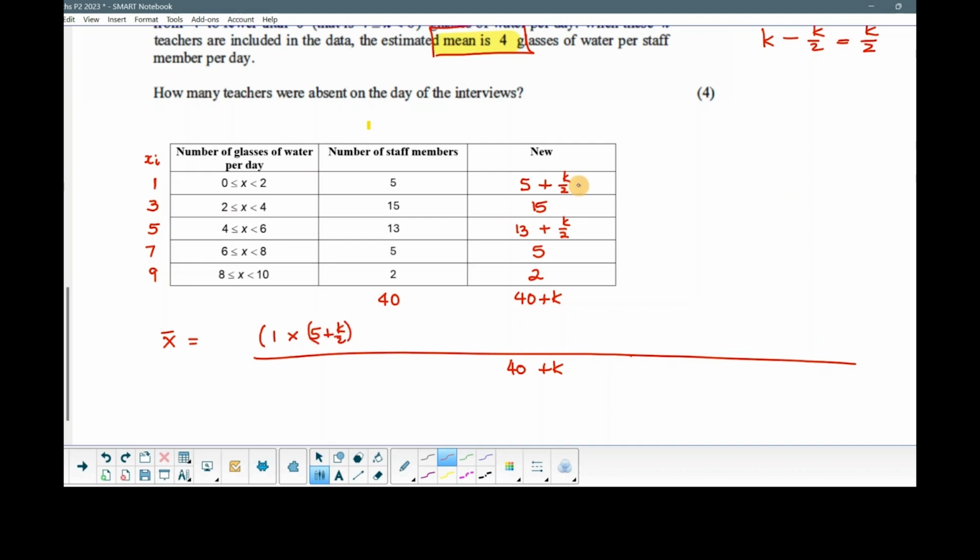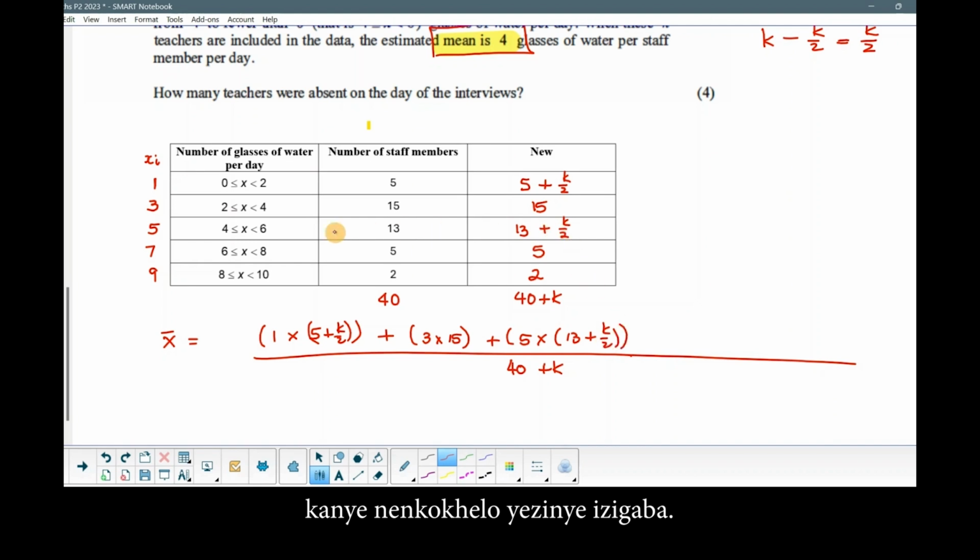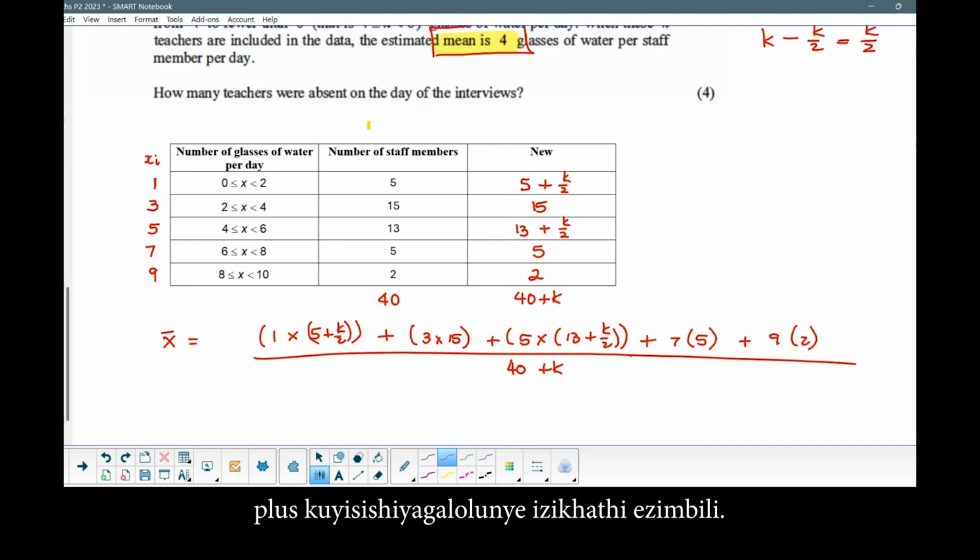That's my frequency of this category. Then I'm going to add it to 3 times 15, which is the new frequency of that category, plus 5 times 13 plus K over 2, which is the new frequency of this category, plus 7 times 5 plus 9 times 2.